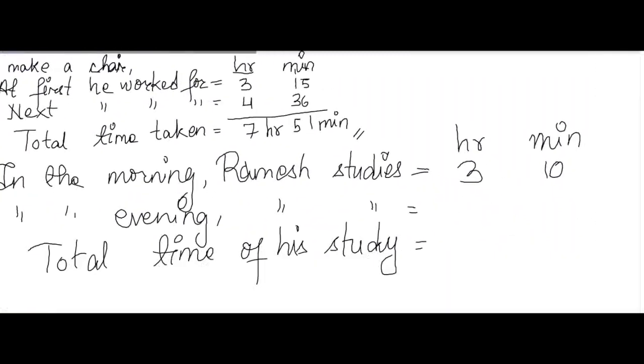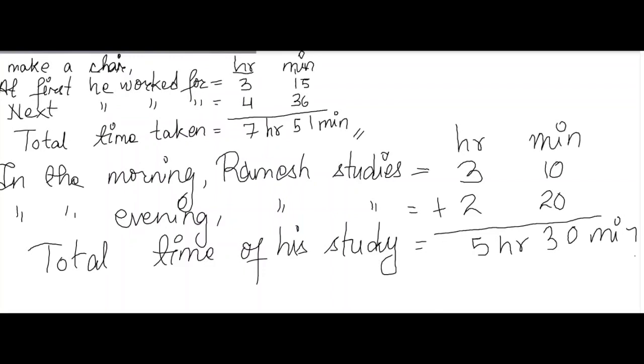So the total time taken by him, what you will do here? You will add here also: 0 plus 0, 0, 1 plus 2, 3 and 3 plus 2, 5. So your answer will be 5 hours and 30 minutes.